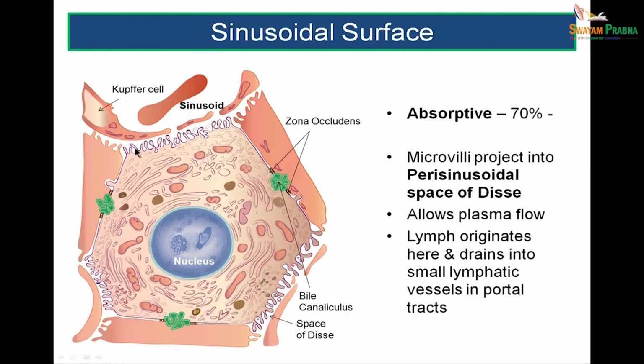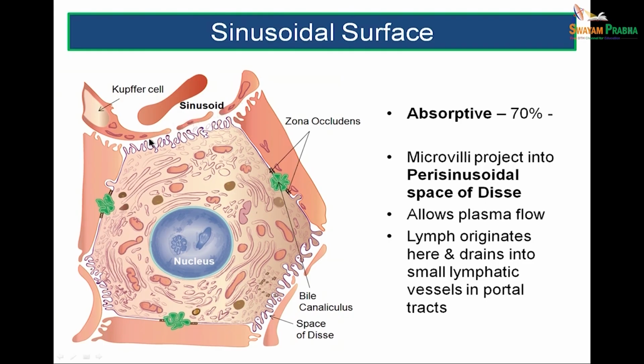Let's study the sinusoidal surface. We said this is an absorptive surface, about 70% of the surface area. Do you notice these small projections here? These are microvilli. They are finger-shaped projections, and what do they do? They increase the surface area of the cell for absorption or secretion. This space above them lies between the cell surface and the endothelium of the sinusoid.